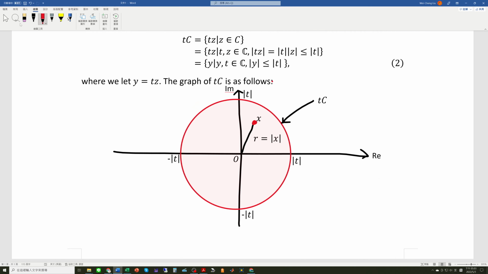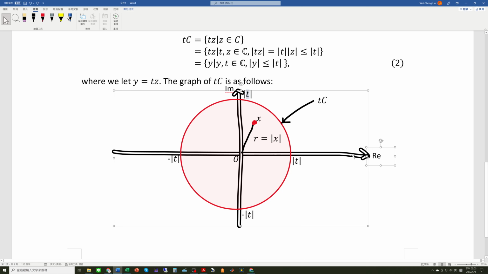So let me input. First I need to choose all of this: the real part, the x-axis, the y-axis, which is the imaginary part, and this one, x, and the disk, and make them into a group.